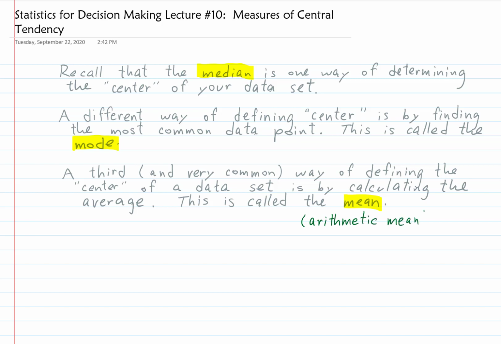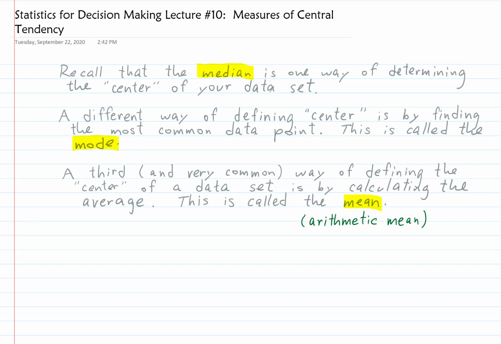And the only reason it has that extra word is because there's another kind of mean as well called the geometric mean. We're not going to do that right now. If we need the geometric mean later, then I'll introduce it to you and show you what it is. Okay, but I don't want to do that unless we actually need it later. So I'm just going to show you this one, which is called the arithmetic mean.